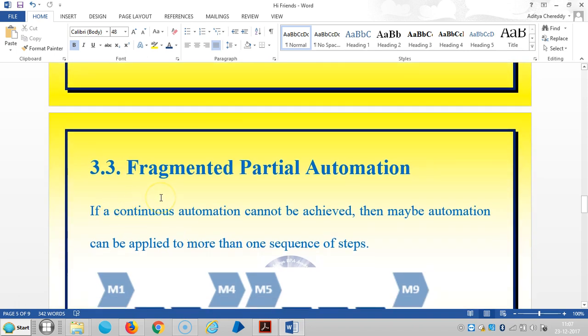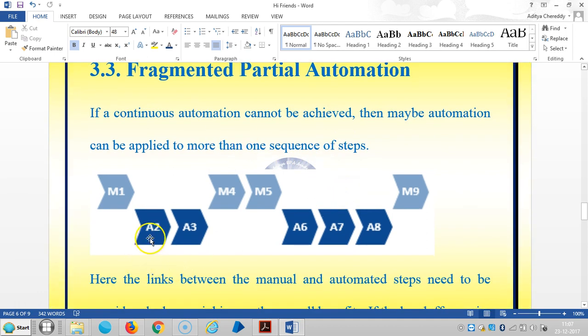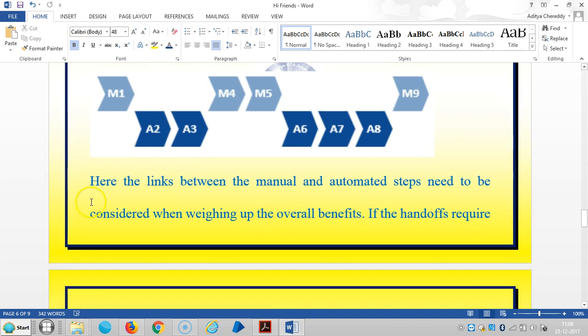Next is fragmented partial automation, meaning intermittent. If a continuous automation cannot be achieved, then automation can be applied to more than one sequence of steps. If you observe here, some sequences are automated and some sequences remain manual. Here the links between manual and automated steps need to be considered, weighing up the overall benefits.